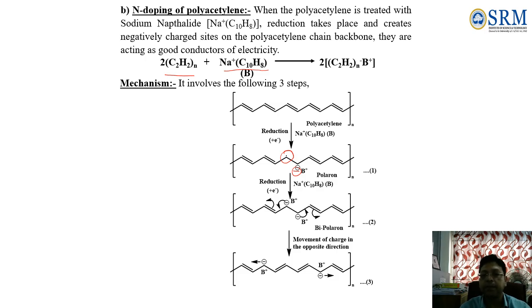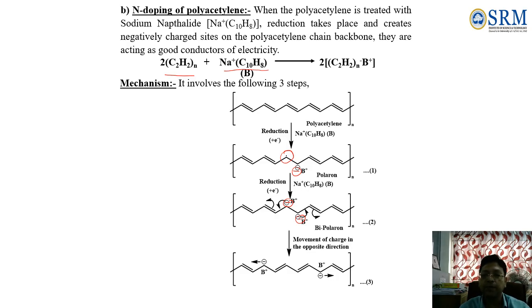In the second step of reduction, another electron goes from the sodium naphthalate to the polymer backbone, and therefore it creates two negatively charged sites on two neighboring carbon atoms. That is called bipolaron. So this is the second step.